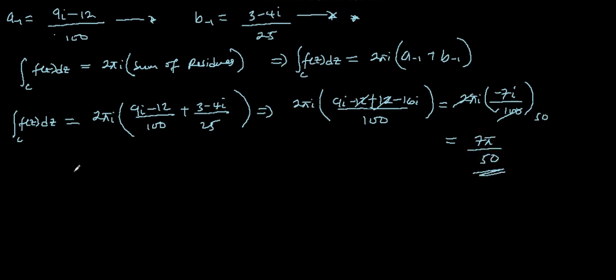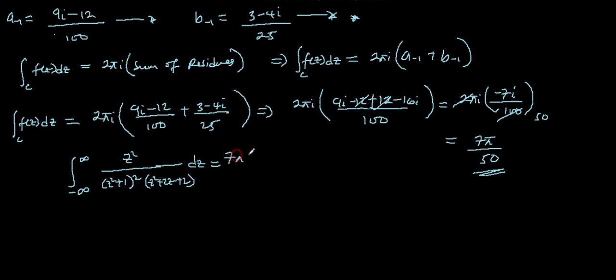So this is to show that the integral from minus infinity to infinity of z squared divided by z squared plus 1 all squared into z squared plus 2z plus 2, dz, is equal to 7 pi over 50, and this is the solution.